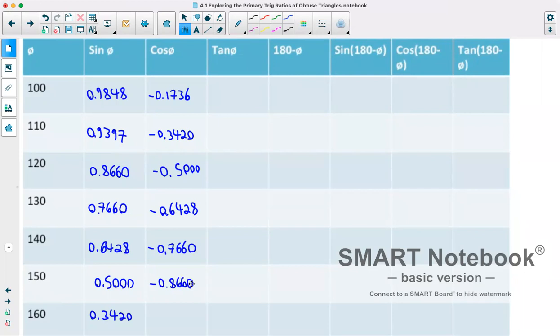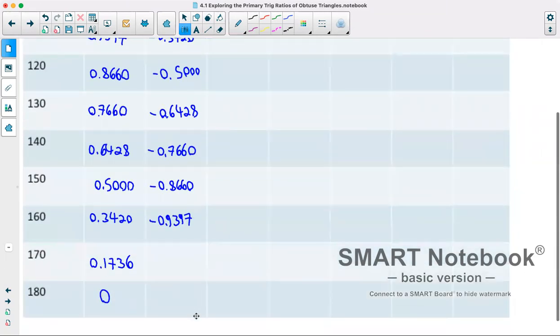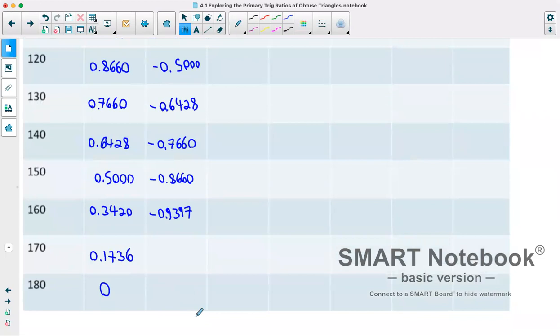And cos of 160 gives us negative 0.9397. Cos of 170 gives us negative 0.9848. And then cos of 180 is negative 1.